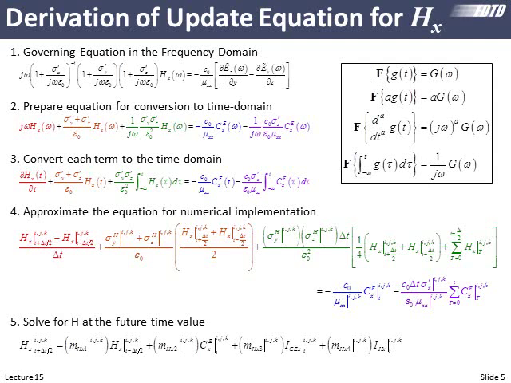But we ended up with a big finite difference or a numerical equation. We then solved that for the field value at the future time step and ended up with a slightly more complicated update equation. It not only contains the field value at the previous time step and the curl, but 2 integration terms. We're integrating the curl and we're integrating the field at every iteration.